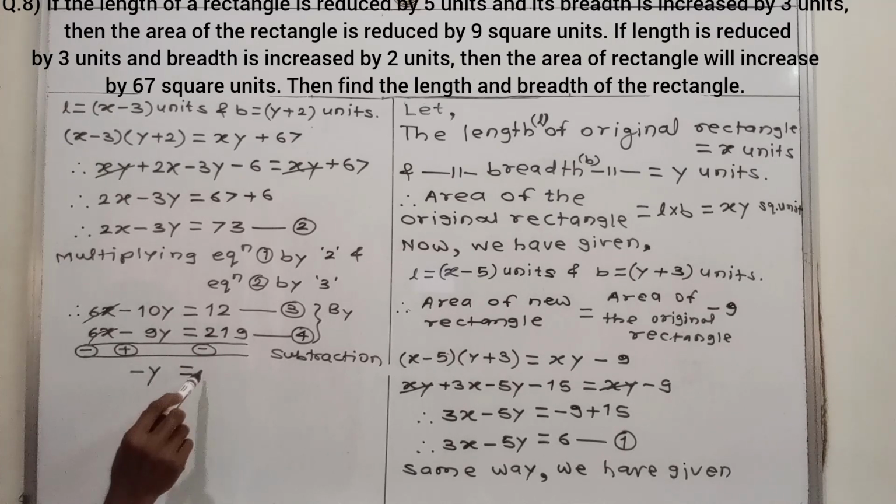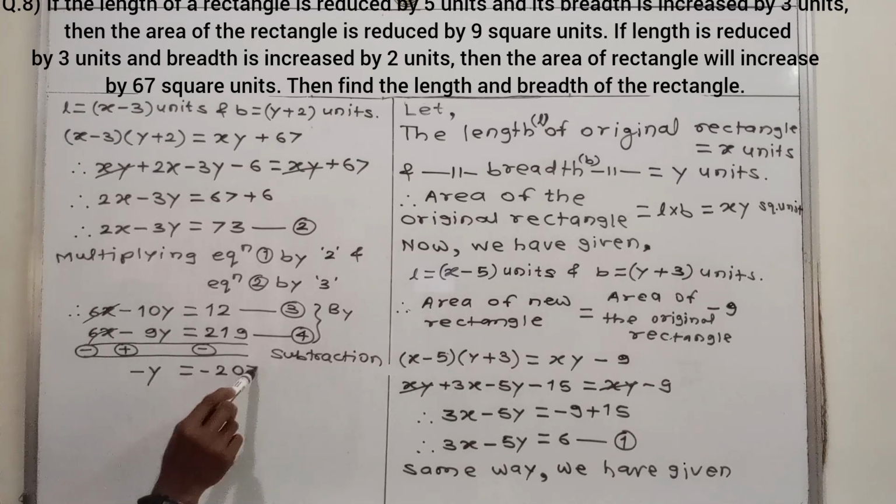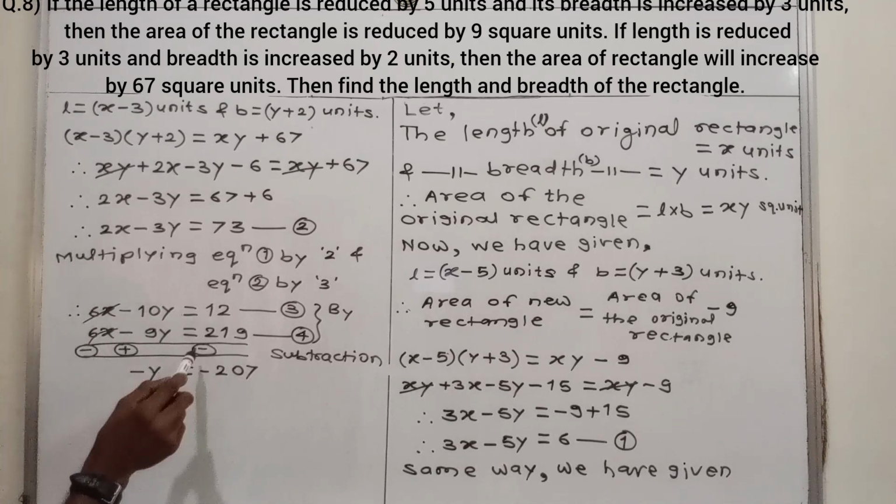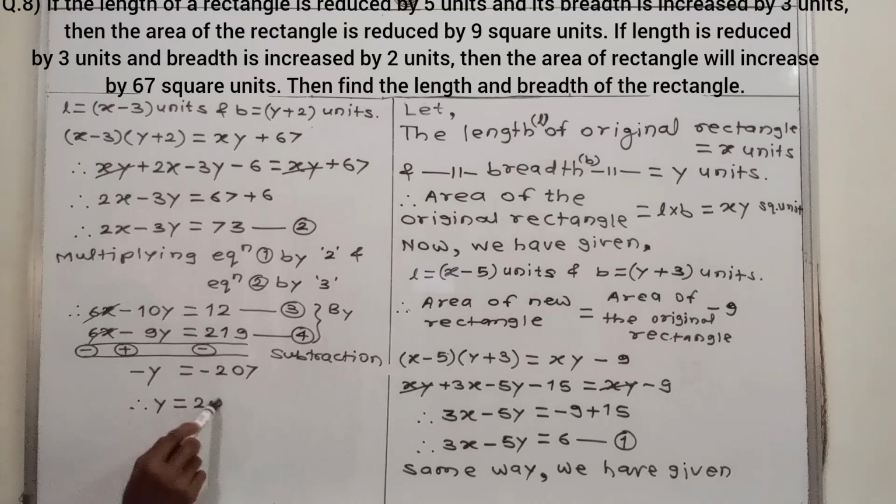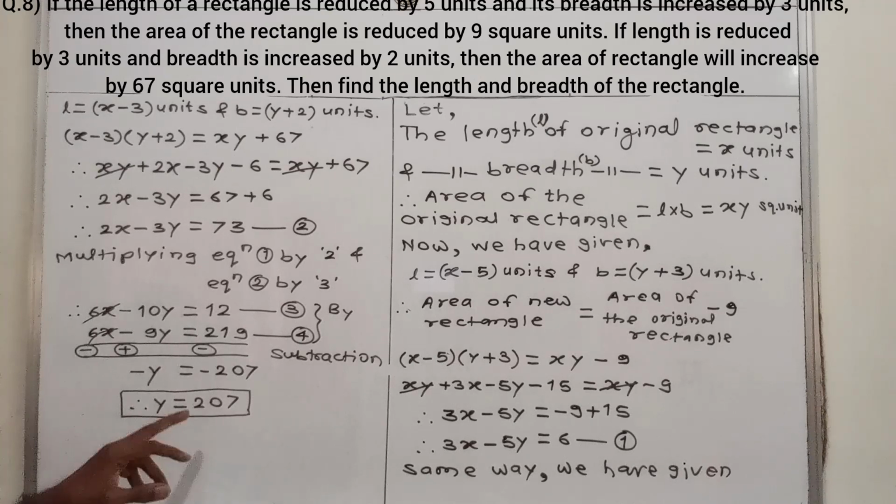And here subtraction, minus 207. This is the bigger number, no, so we give the sign of this. Therefore y is equal to 207. This is the breadth of the original rectangle in units.